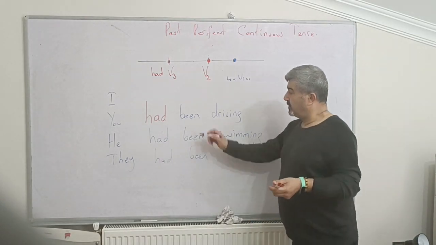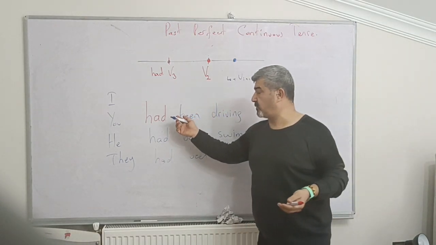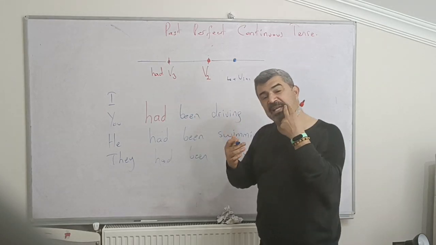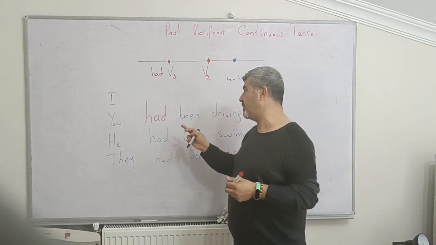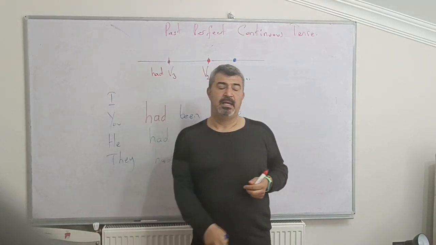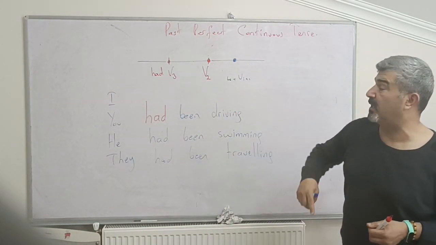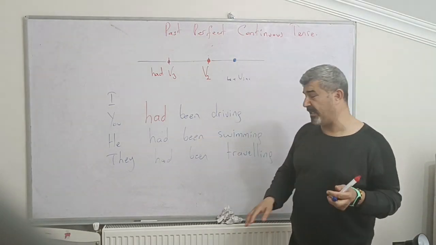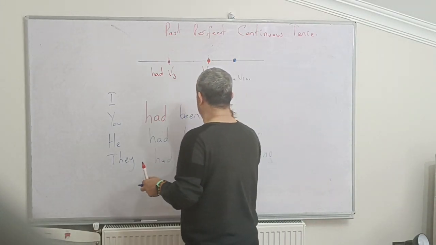If you want to make it negative, hadn't been driving. If you want to use a question form, we take had to the beginning of the sentence before the subject. Had you been driving? Had she been swimming? The structure is like that.